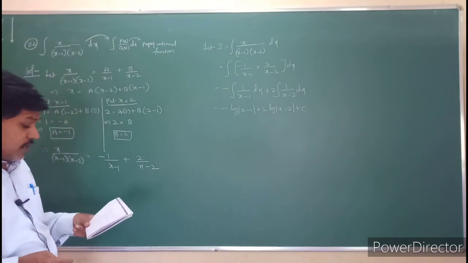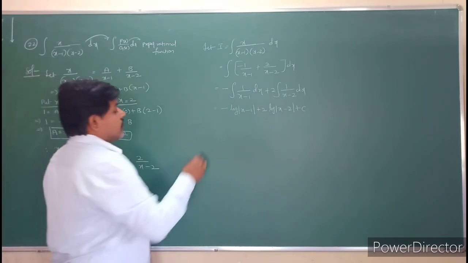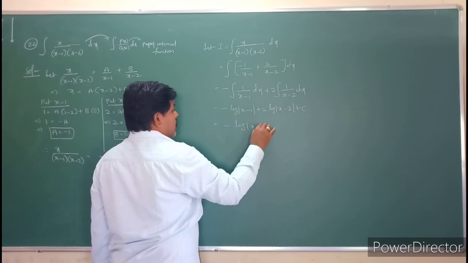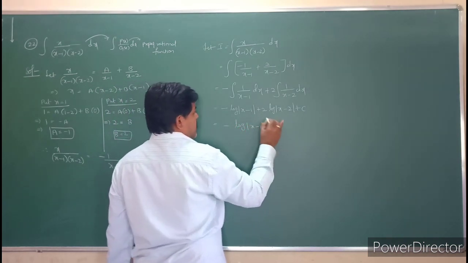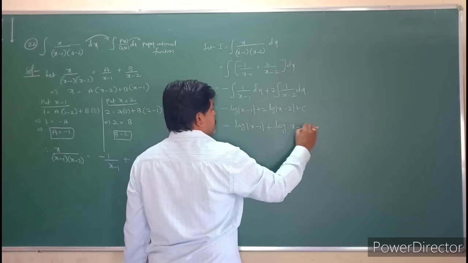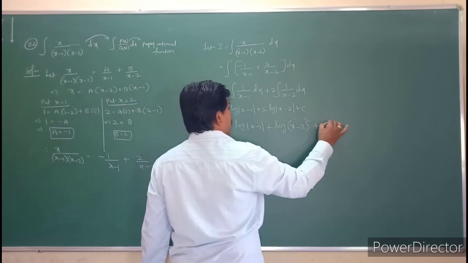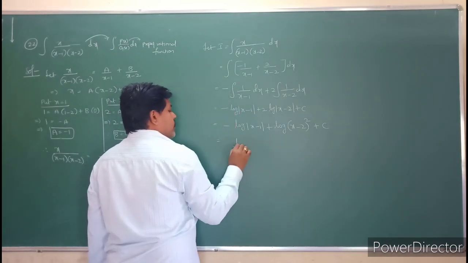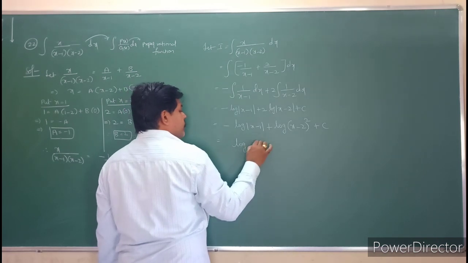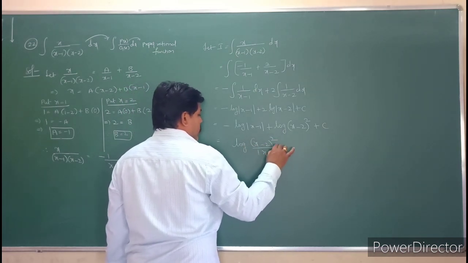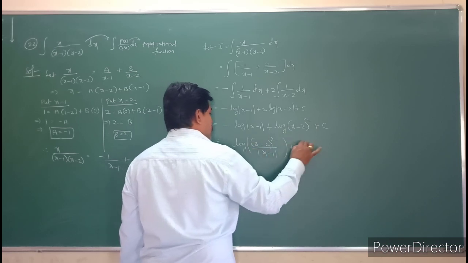What is the answer? In the model, it is given as minus log of mod x minus 1 plus 2 log of x minus 2, you can write as log of x minus 2 whole square plus c. So it is in the form of log a minus log b, you can write as log of x minus 2 whole square by mod x minus 1 plus c.